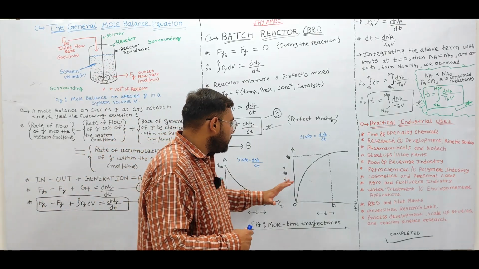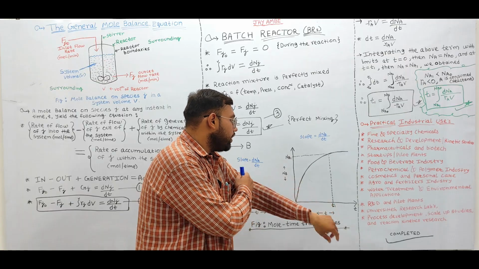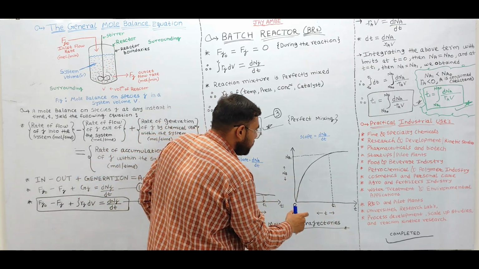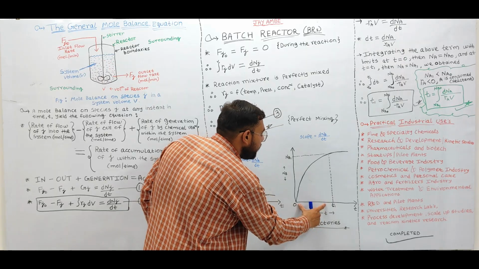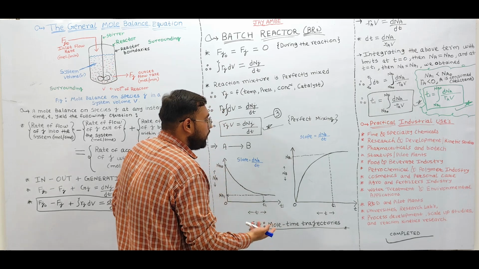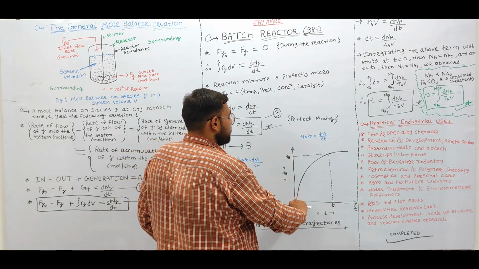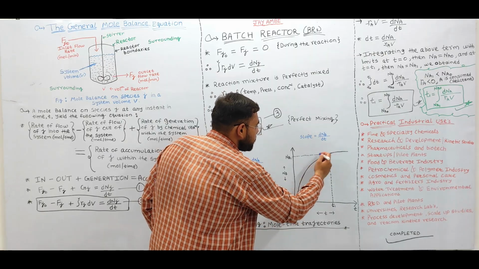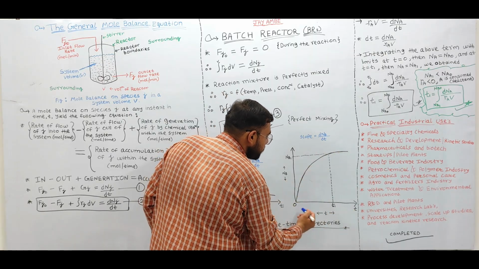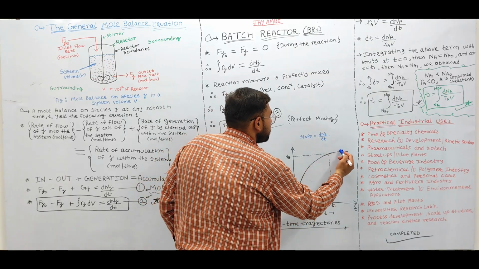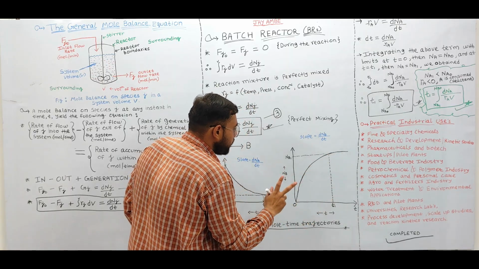Let's say now we'll understand this curve, okay. Here also we have two parts. In the first part, we can see we have the steepest slope, right? The nature of this curve indicates that with the progress of the reaction, with the progress of time, the number of product molecules generated increases.